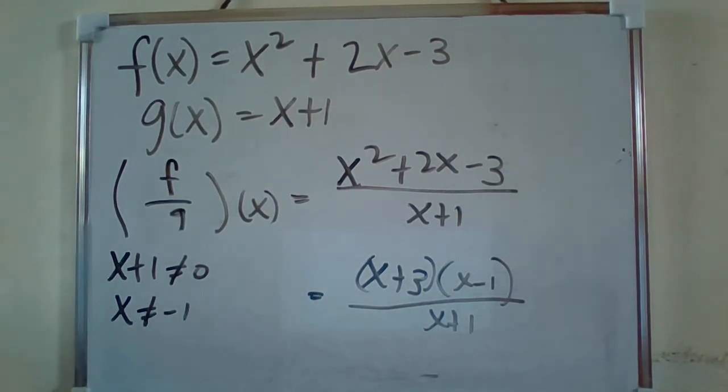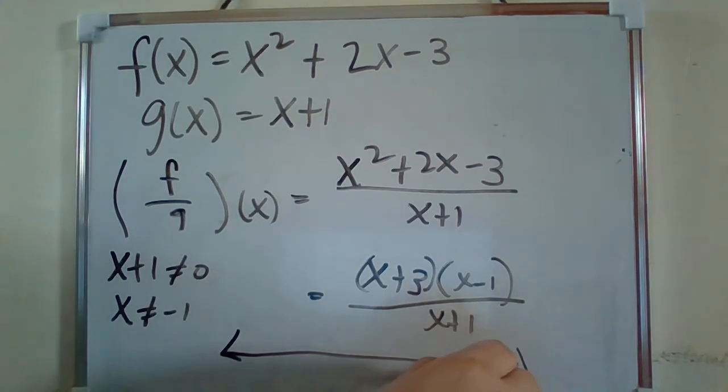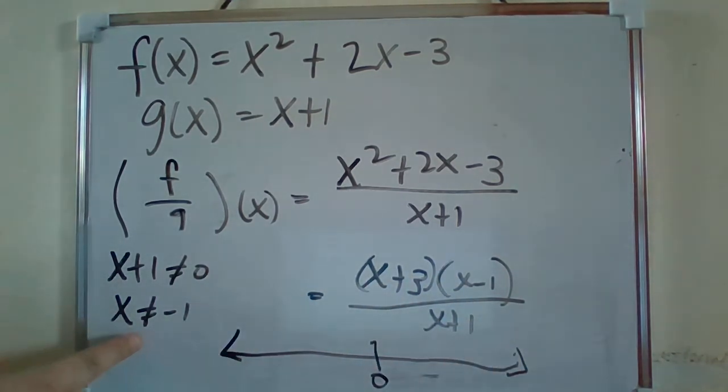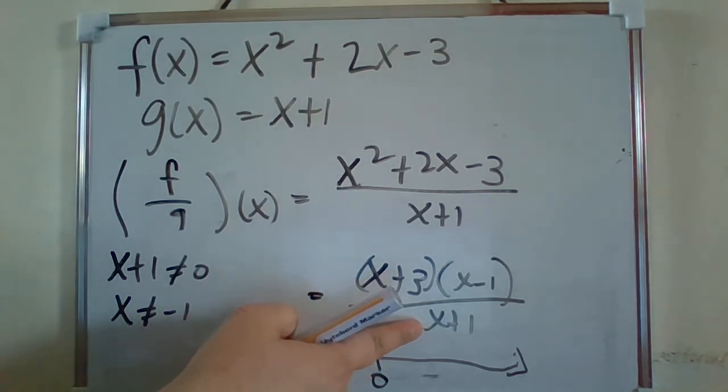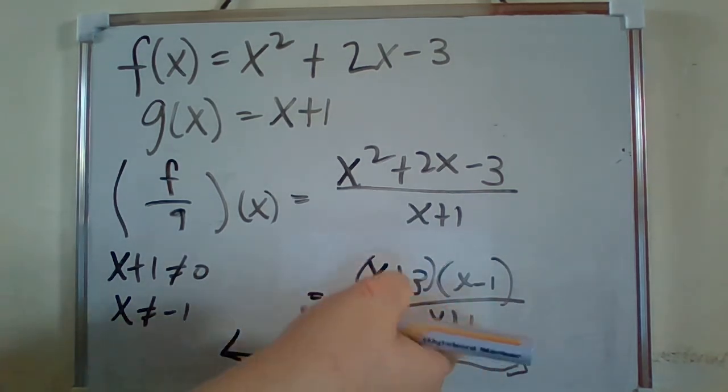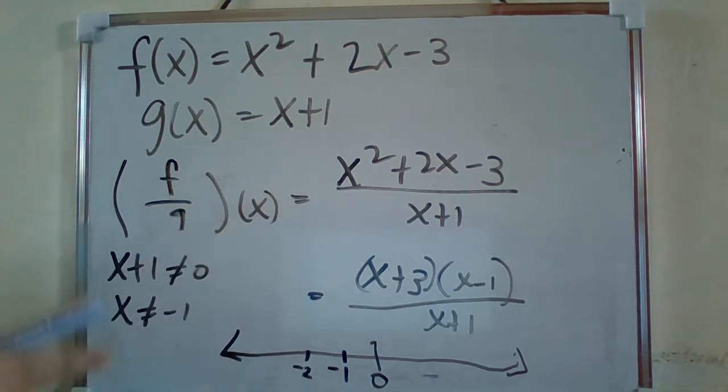So, anong mangyayari niyan? Kung gagawa tayo ng x-axis, at ito si 0, okay? Ang sabi dito, it shouldn't be equal to negative 1. So, say for example, ito si negative 1, negative 2. So, pwedeng kunin si negative 2 kasi kung negative 2 plus 1, negative 1 pa rin ang sagot. So, madidefine pa rin yung makukuha mo na quotient. Okay? So, ito si 1, ito si 2. Ito ay x-axis ha?